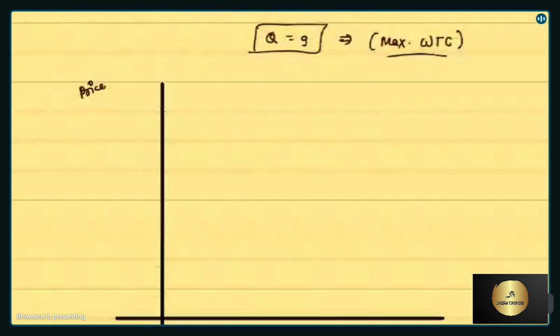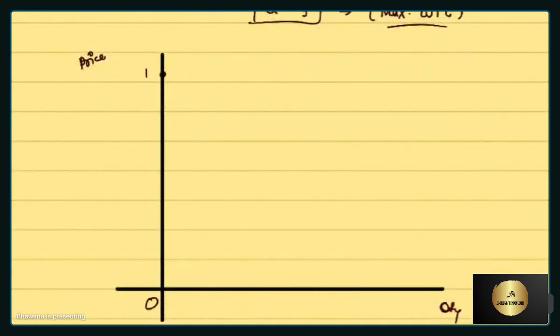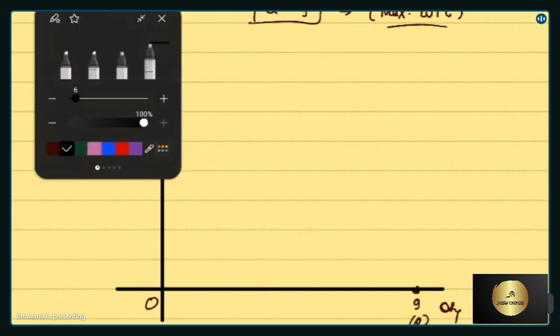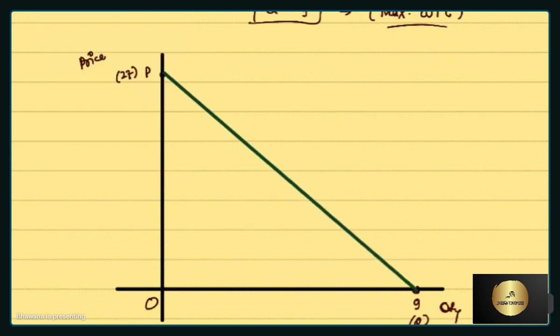Your maximum willingness to pay is 27, P equal to 27, and your maximum willingness to consume is 9, this Q. Now join these points because this is a linear demand function, so it will be a straight line. You got your demand curve. P is your maximum willingness to pay and Q is your maximum willingness to consume.